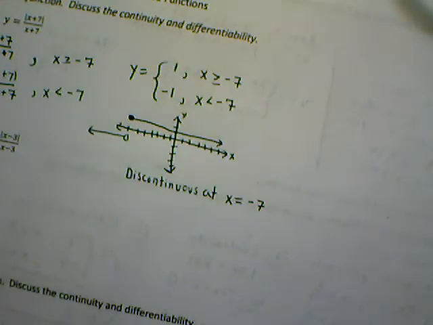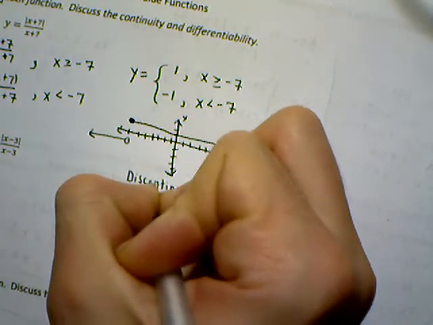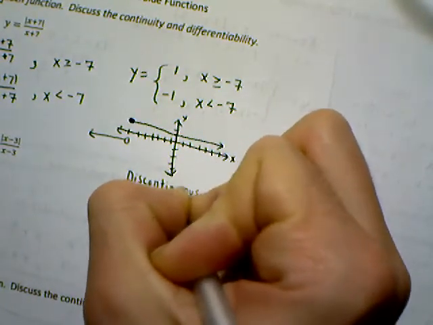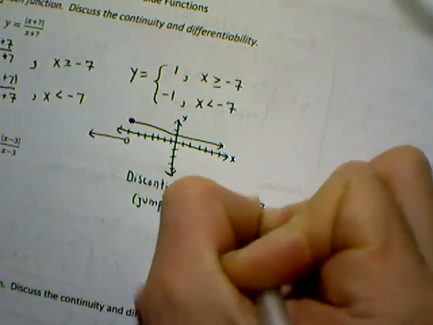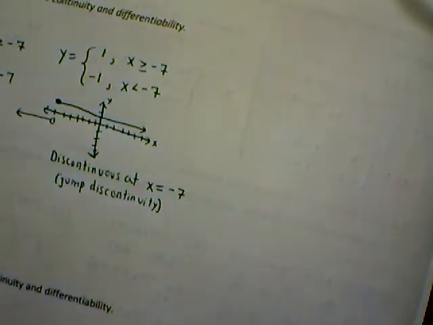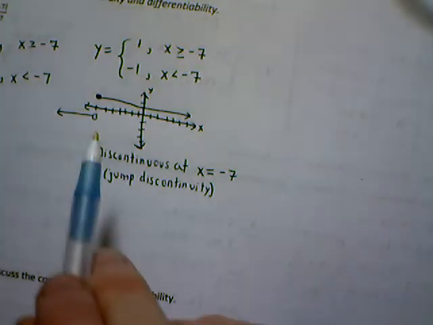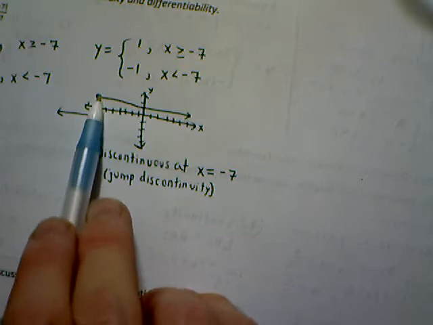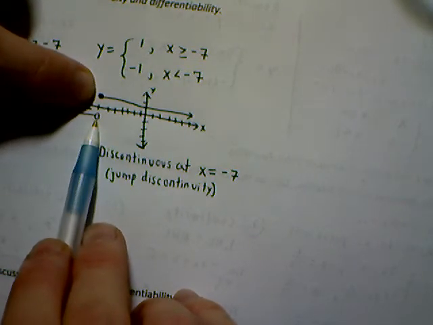There's a jump discontinuity because it jumps up. Now, we know that for a function to be differentiable at a point, it also has to be continuous at that point. So I know the function is also not differentiable here because it's discontinuous here.